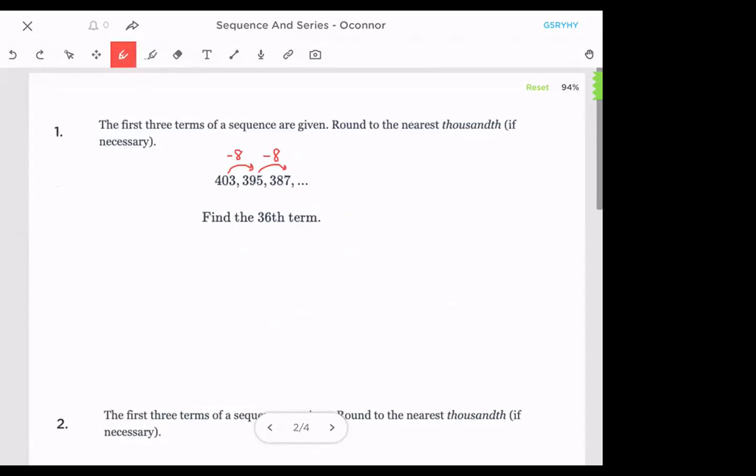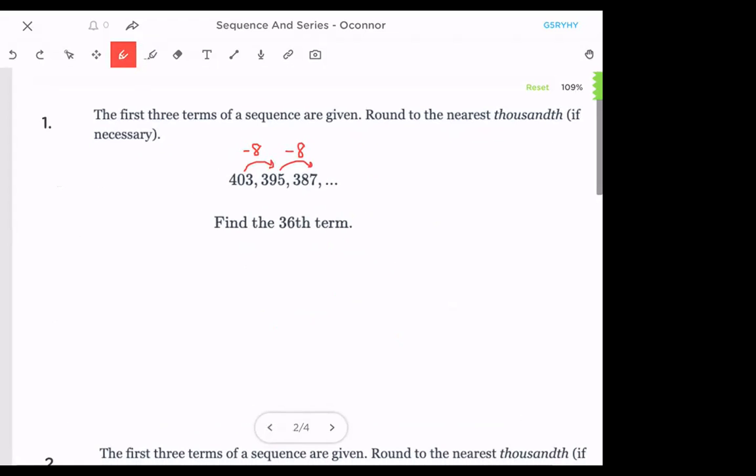So now to find the 36th term, I'm going to find a sub 36, which is equal to a sub 1, the first term, which was 403, plus n minus 1. Well, n is the number, so that's 36 minus 1, times our d value, which was -8.